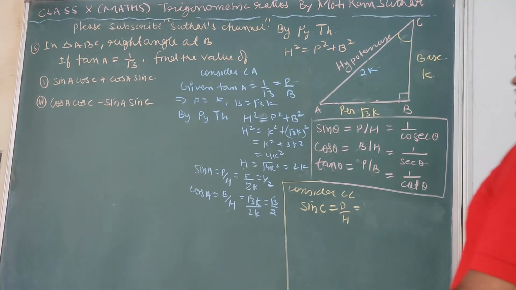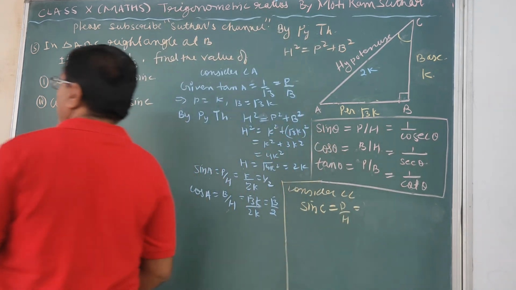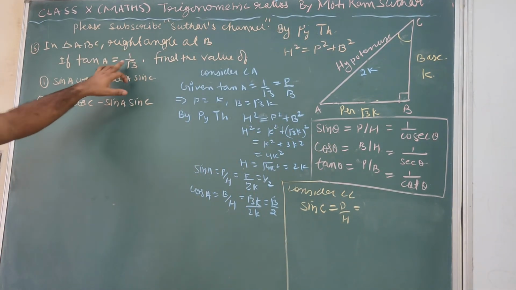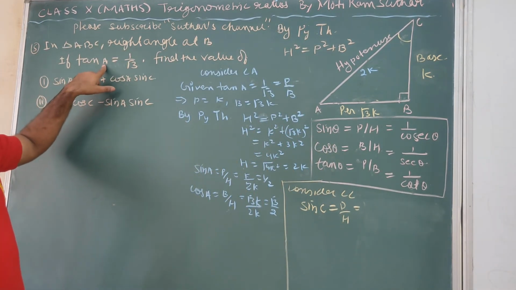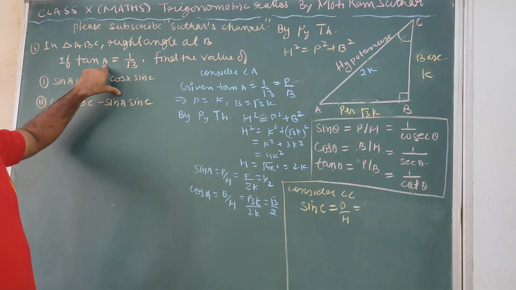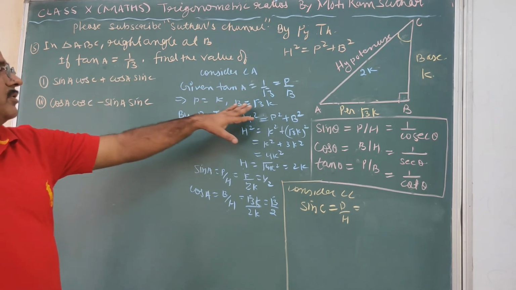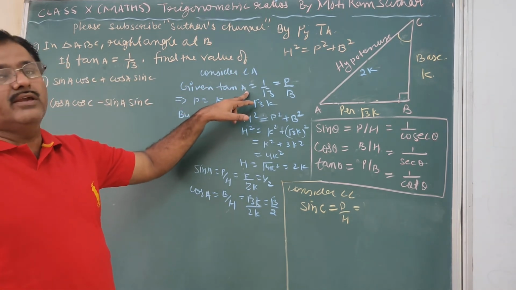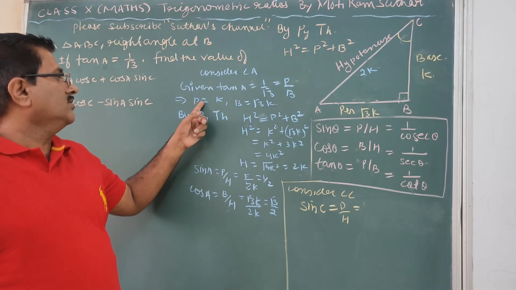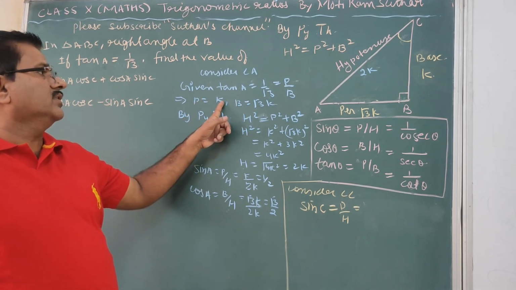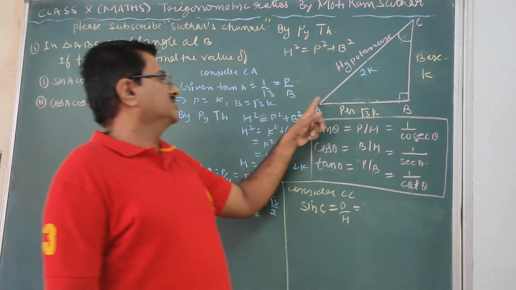See here, as we are given tan is 1 by root 3, according to angle A we have to find the length of the sides of the triangle, and we have calculated perpendicular and base according to the angle A. And we get the value P equal to k. That is the case when we are considering angle A.